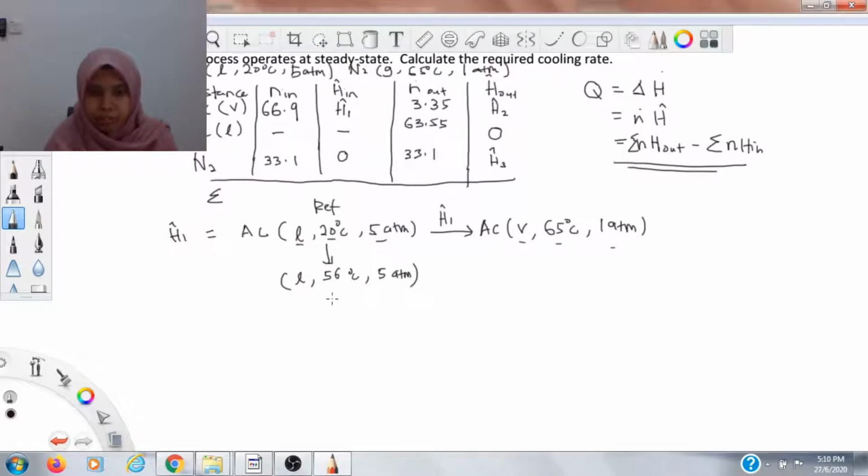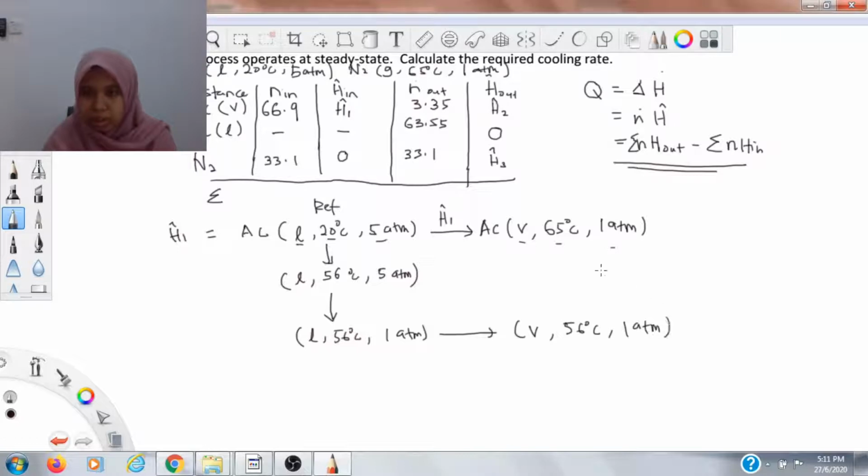What next to be changed is the pressure, to 1 atm. So every single time you break this down, only one condition will be changed. Next, we can convert the phase into vapor: liquid to vapor, maintaining the temperature of 56 degrees and 1 atm.